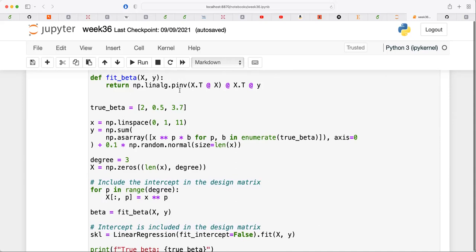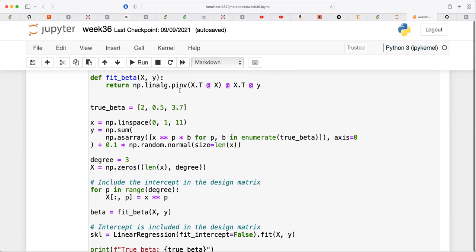When you're inverting the matrices, just a small hint: use the pseudo-inverse. The pseudo-inverse uses the singular value decomposition to calculate the inverse of a matrix in case you're getting close to, let's say, a determinant which is close to 0. So don't use the inv function in NumPy, but use the pseudo-inverse function.